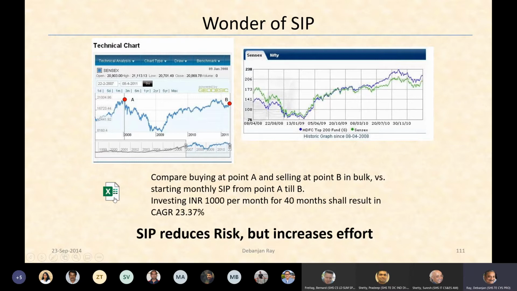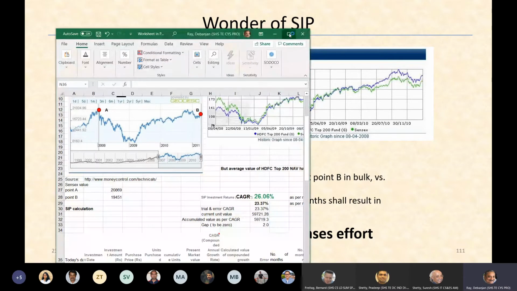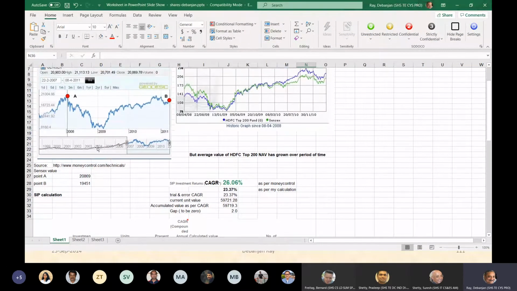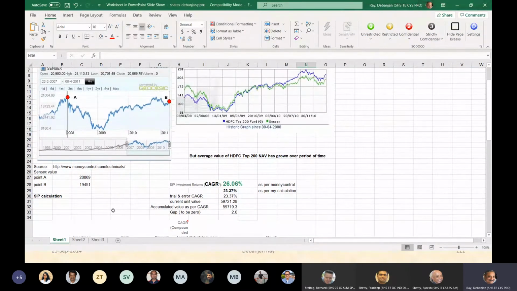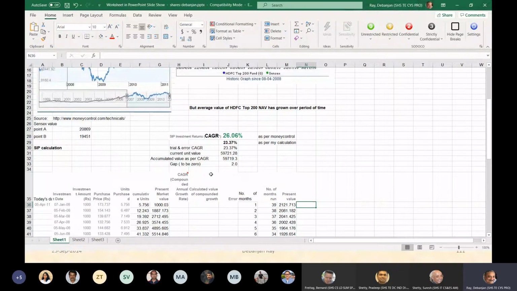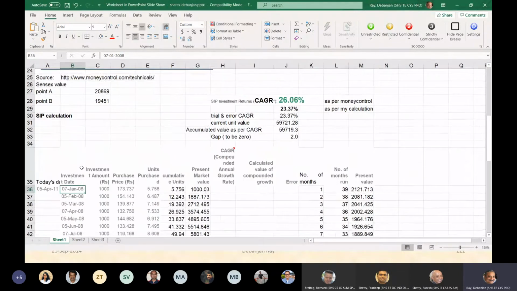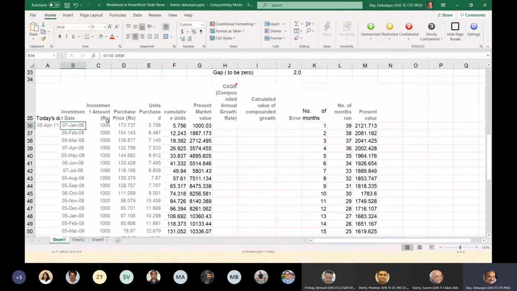Now, SIP reduces this. Okay, now let me try to open one Excel sheet where I have shown a person who has invested systematically a small amount, either in the mutual fund or otherwise, and I have compared this. This is the typical date of the investment, and they have invested some 1,000 rupees, and correspondingly the units are purchased, and this is the cumulative value of the units.